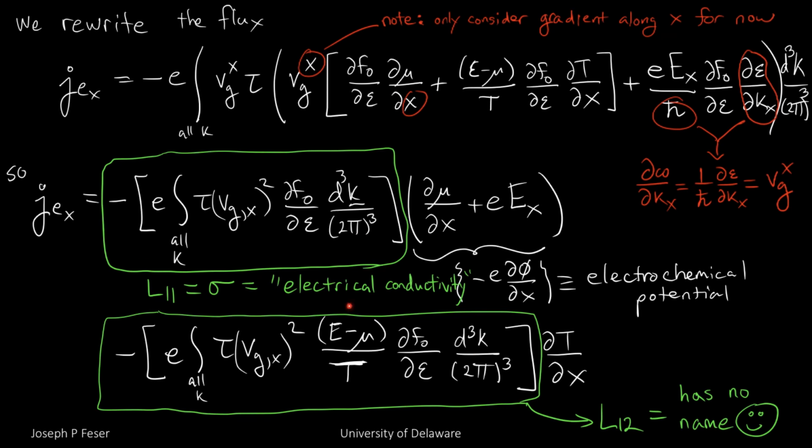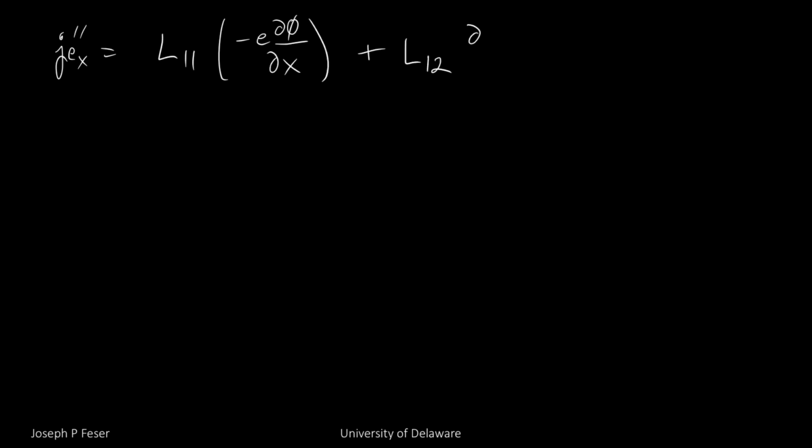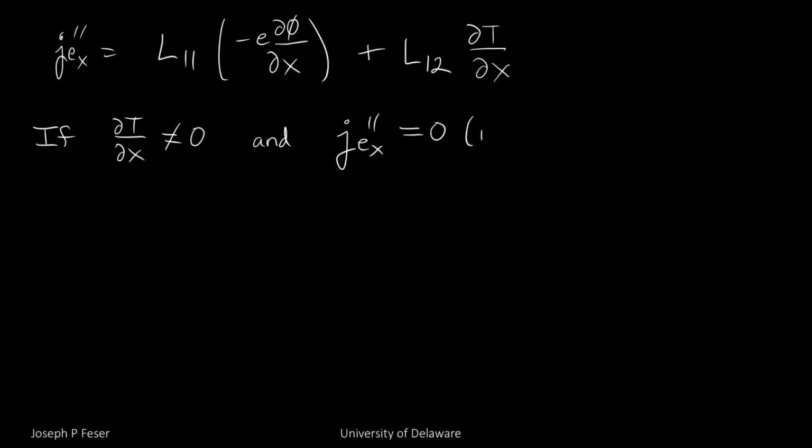So what we found was that we can drive charge transport, so charge flux, using either electrochemical potentials or a temperature gradient, and I called the coefficients that sat in front of those L11 and L12. Let's take a moment to explore one possible scenario that is pretty cool. What happens if I apply a temperature gradient, so I have a material where there's a temperature difference across it, but I don't allow any electronic flow, so I don't have any charge flux?